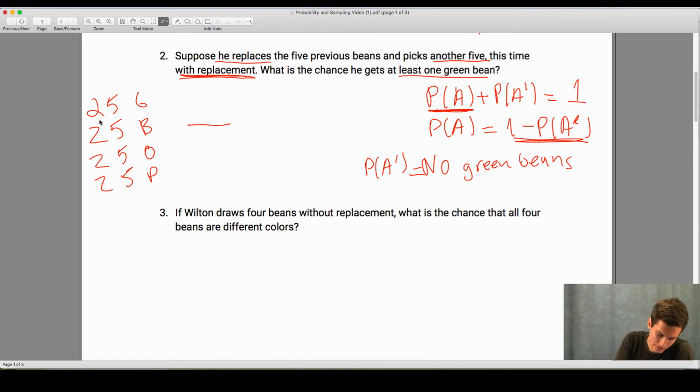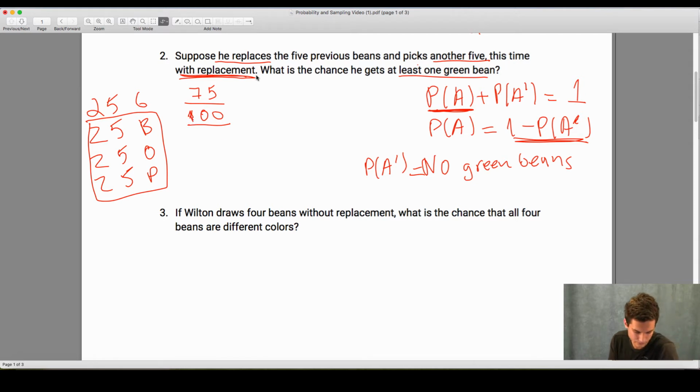Since I don't want to get a green bean in my sample, I have 75 potential favorable outcomes that satisfy the sequence I want to have in the end. So this probability is going to be 75, the number of favorable outcomes, divided by 100, the total number of options that I have when I'm picking a particular jelly bean.